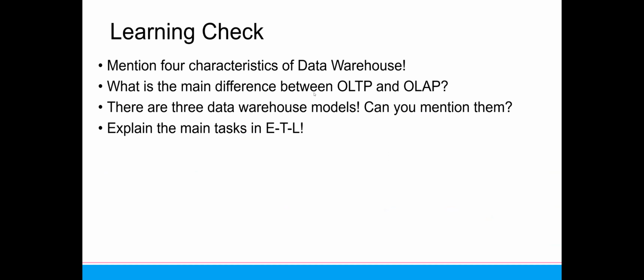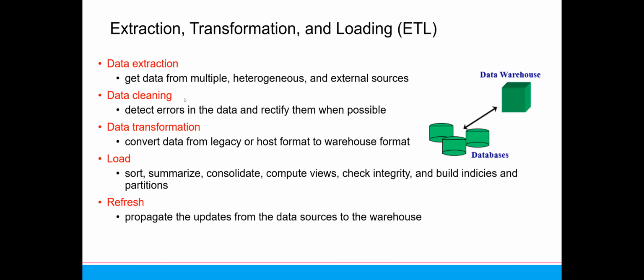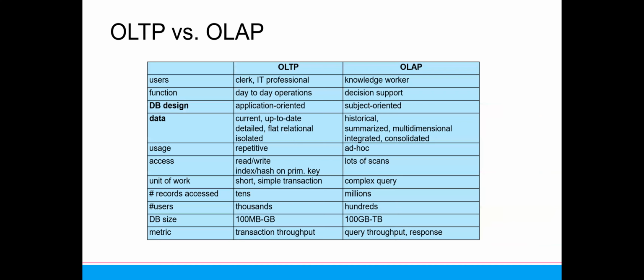What is the main difference between OLTP and OLAP? Okay, when you look at this main difference, I can just refer to this one. The main difference will be about the DB design, which is application oriented for OLTP, and subject oriented for OLAP.